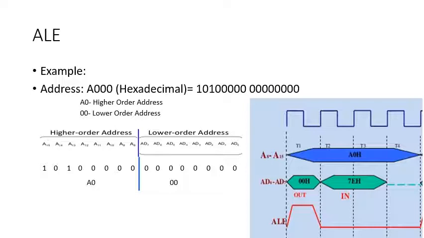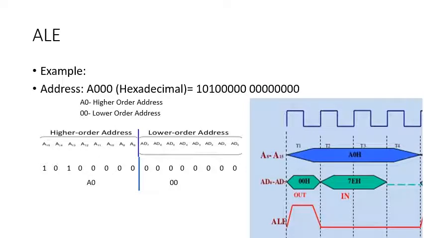In the second clock cycle, it starts getting the higher order address from the dedicated address lines A8 to A15, that is A0. In this example, we have chosen the address as A000. So A0 is the higher order address coming from A8 to A15, right?